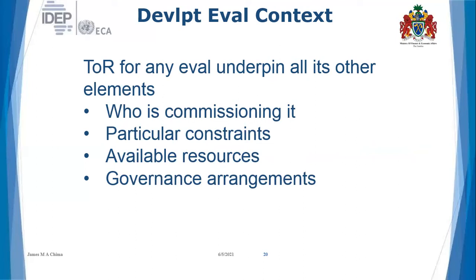Are there particular constraints that we need to know for planning purposes and then put in place appropriate mitigation measures? And then also, it avails the resource envelope that is key to facilitate delivery of a worthwhile impact evaluation.